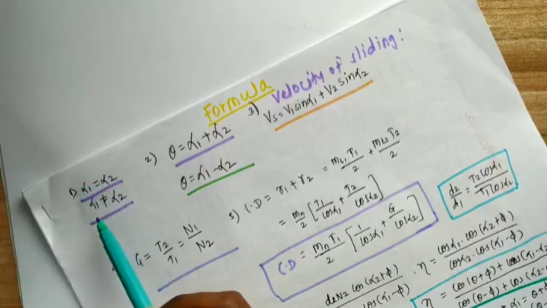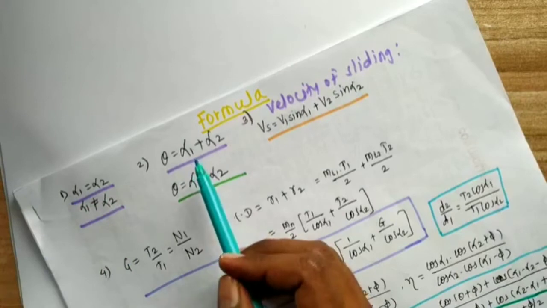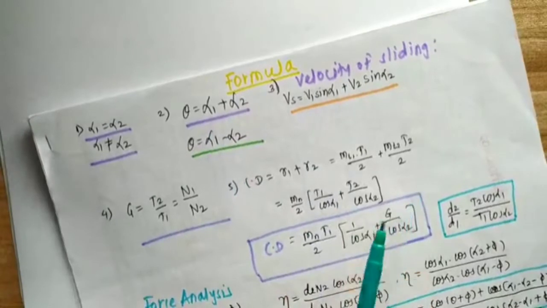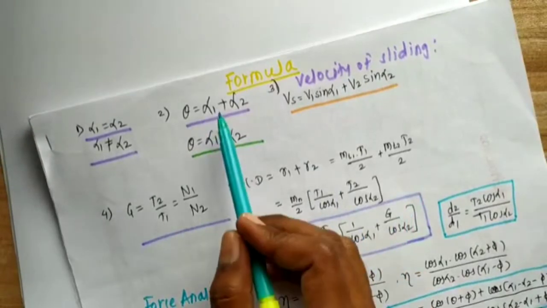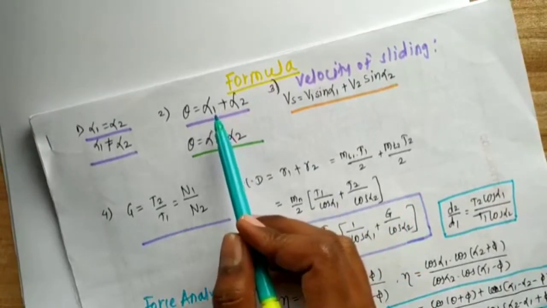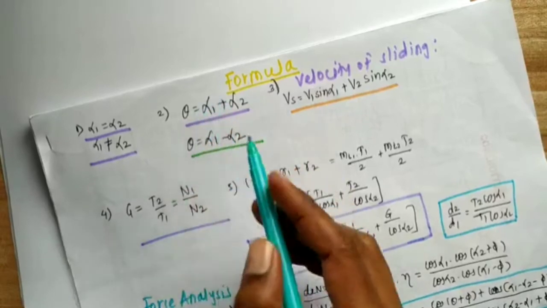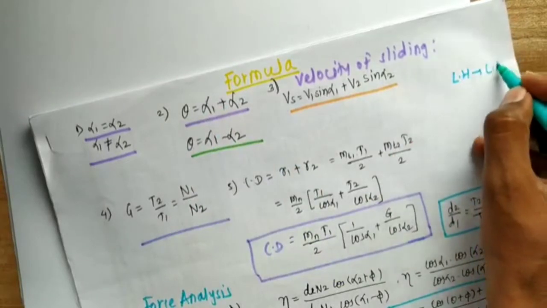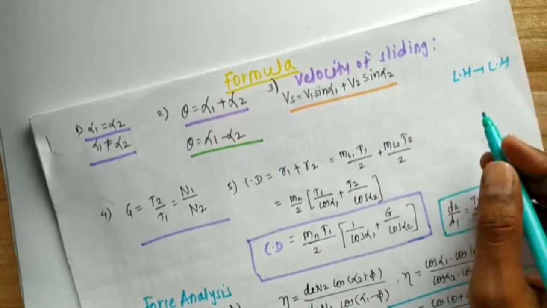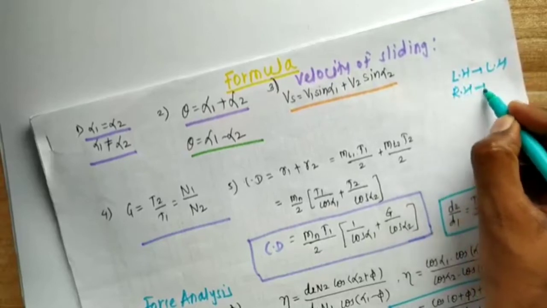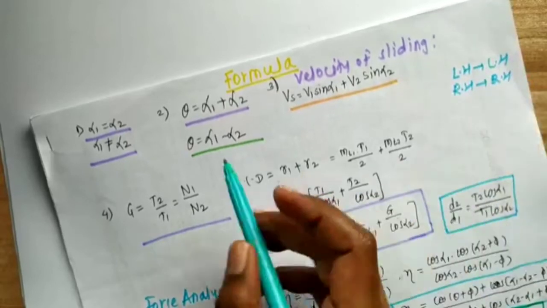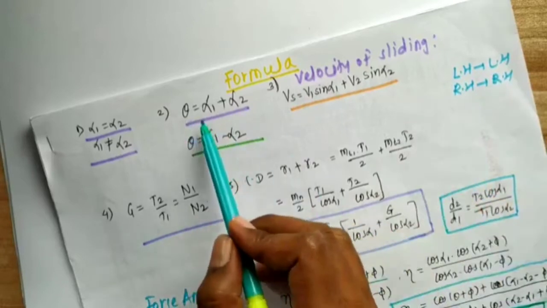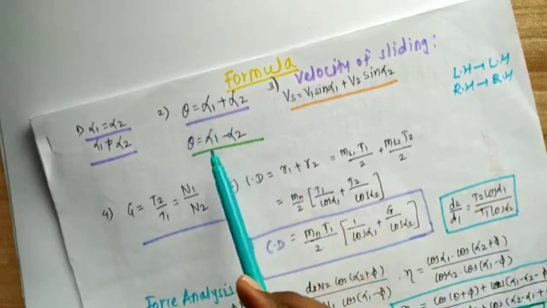Second thing, we know relations between shaft angle and spiral angles. When two spiral gears are of the same hand, meaning LH mesh with LH or RH mesh with RH, that is the meaning of same hand, then theta is equal to alpha 1 plus alpha 2.